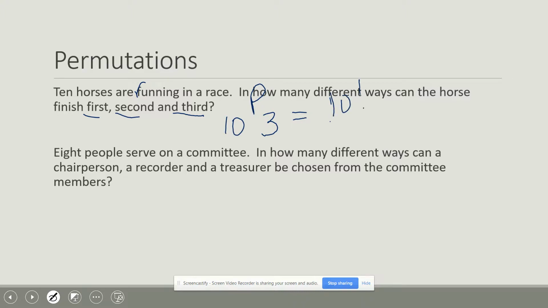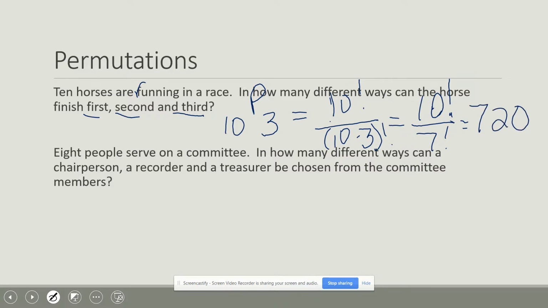So we have 10 factorial over 10 minus 3 factorial, which is 10 factorial over 7 factorial. And so we'll be left with 10 times 9 times 8, which is 720. So there's 720 ways for 10 horses to finish in first, second, and third place.